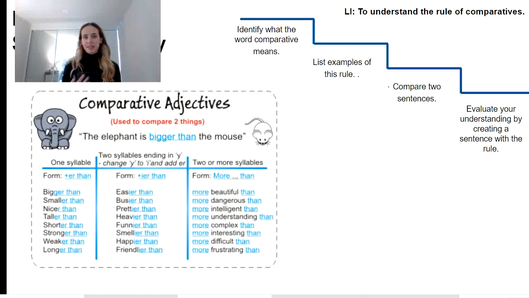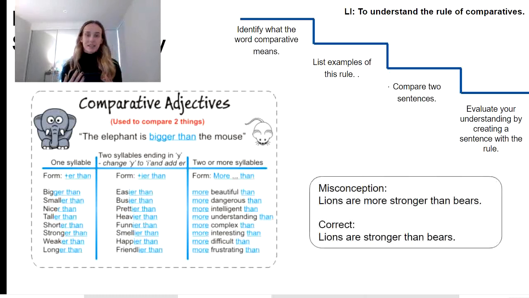A common misconception that students have when it comes to the rule of comparatives is that they use the word more and the comparative adjective in the same sentence. So for example, lions are more stronger than bears. Now this doesn't make sense, just like more tastier didn't make sense on the phone either.